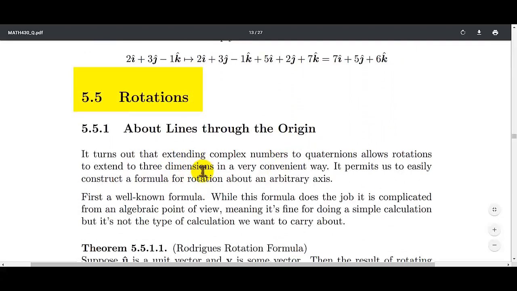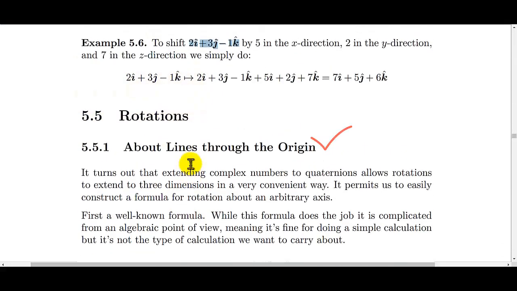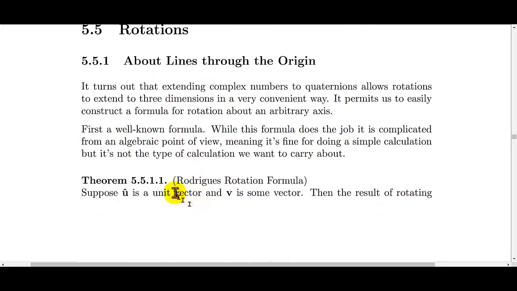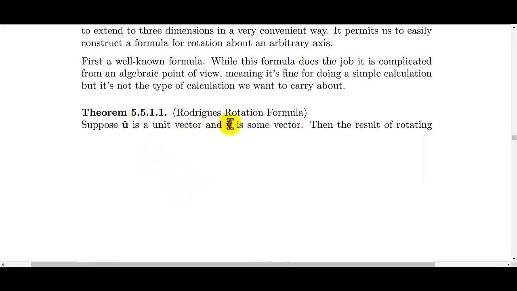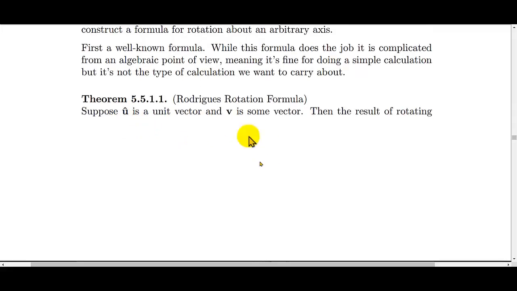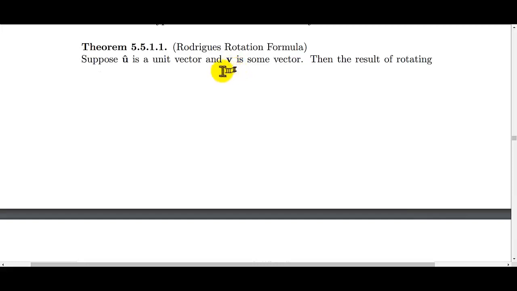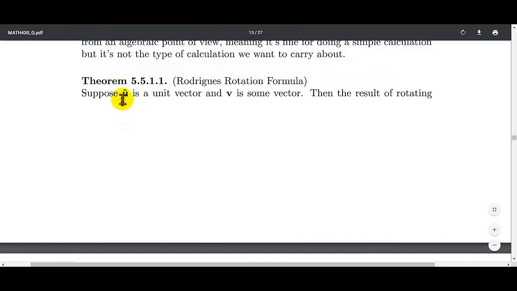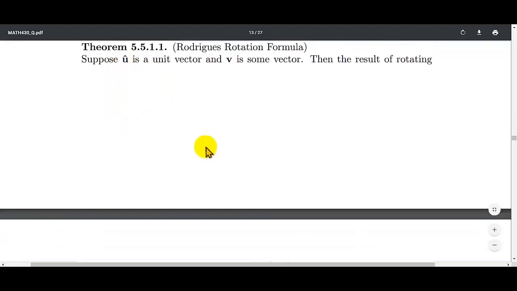Now we have rotations, so we can do rotations about lines through the origin. Lines through the origin can be represented by direction vectors, and we have this theorem. Suppose we have the unit vector u and the vector b, and the vector b can also represent a point in R3, and the unit vector u can be the direction vector of a line through the origin.